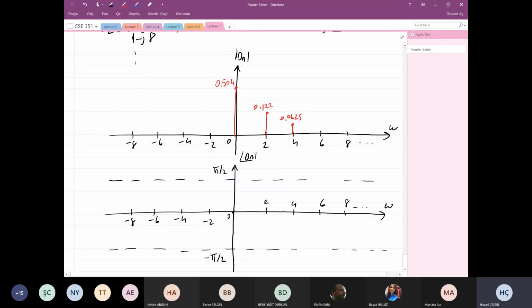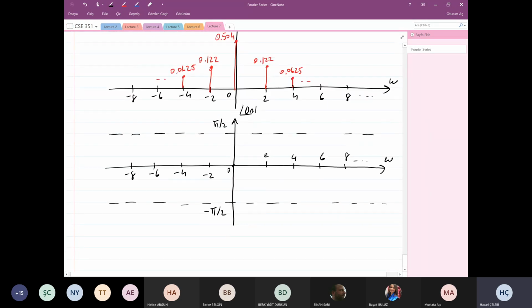So this is symmetric, that's why we have this here, 0.122. Symmetric, we have this 0.0625. And then we have these values that go like this.